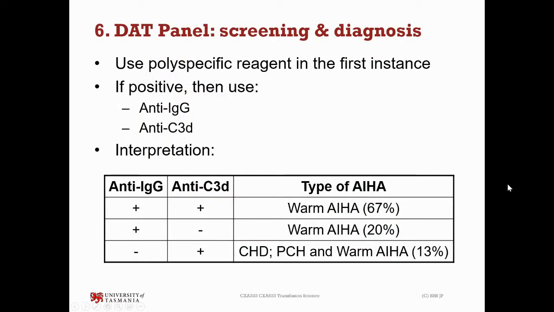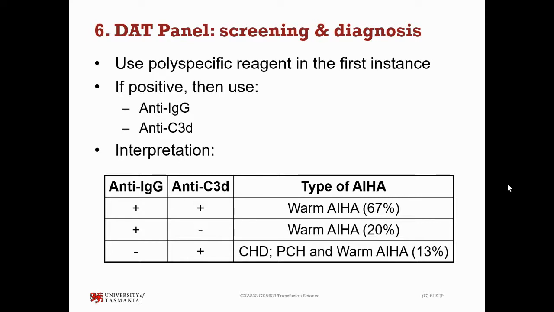Okay, so when we're looking at our direct antiglobulin test, the first thing we use is a polyspecific reagent in the first instance. So remember that polyspecific reagent, the specific means the target, what it's going to react with, and the poly means many. So this means that this reagent will react with both C3d and IgG.